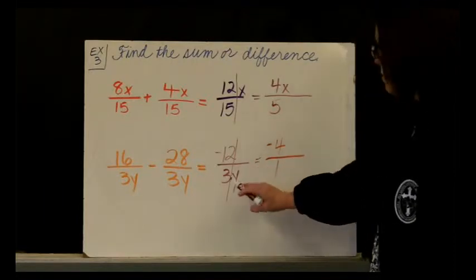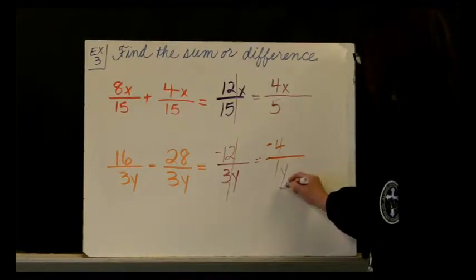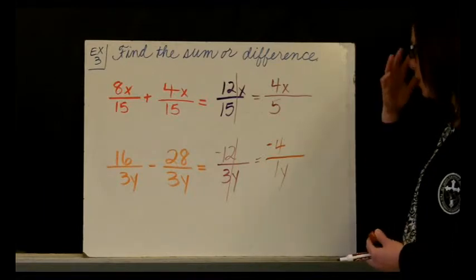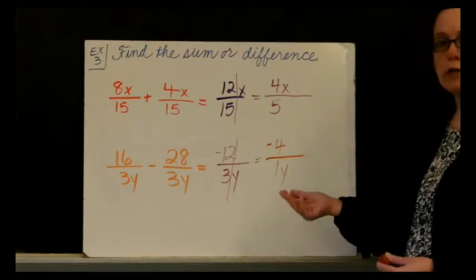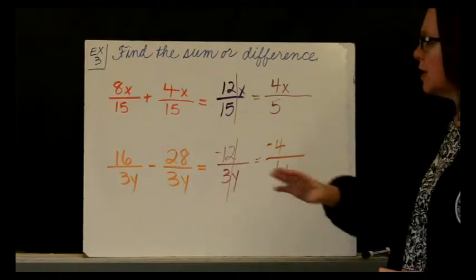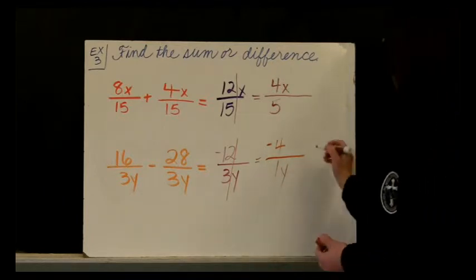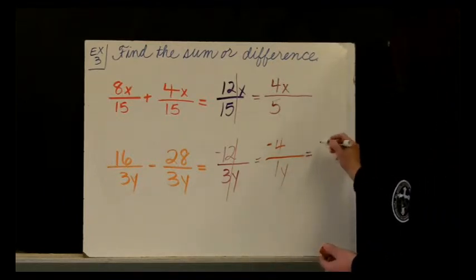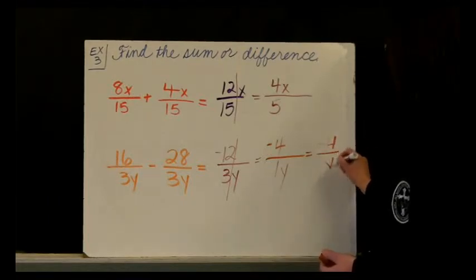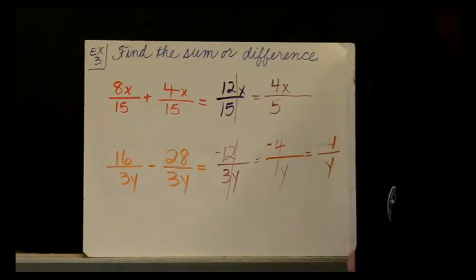Since there's only one variable and it's here in the denominator, we move it over to its rightful place in the denominator. Now you can leave it like this if you want, negative 4 over 1y. I know that some of you still like to write in the number 1 as the coefficient, but you can simplify it further by writing negative 4 over y. Either of these is acceptable.